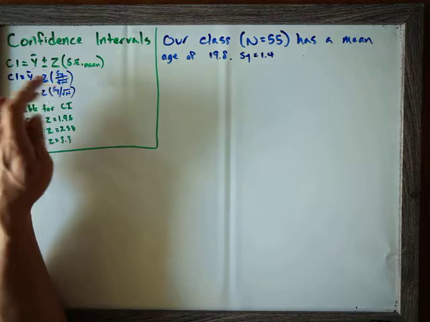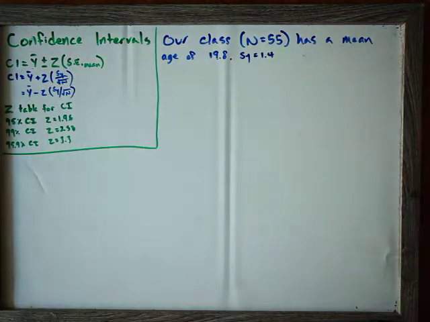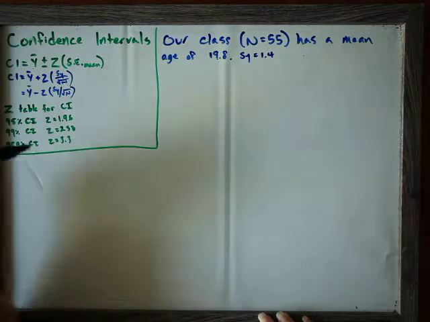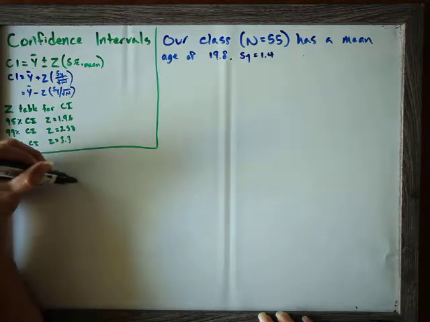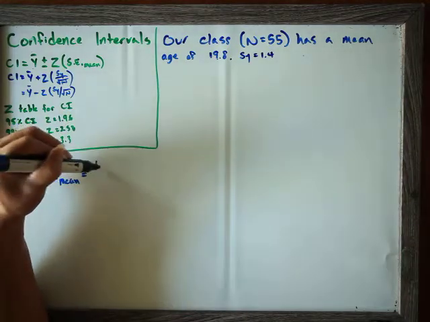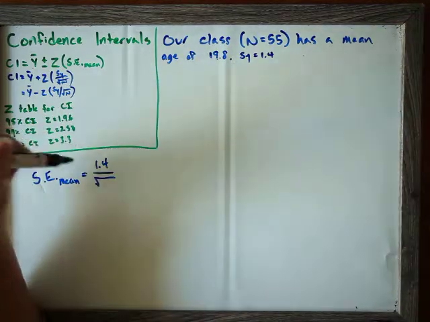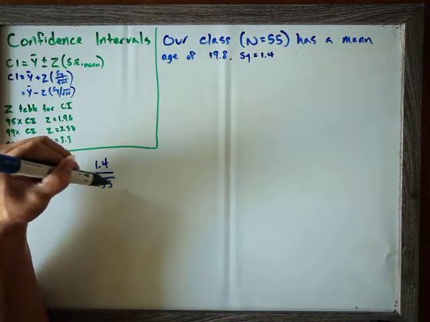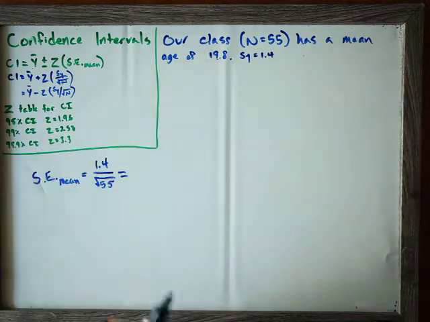So the only thing we actually need to calculate is the standard error of the mean, which is the standard deviation divided by the square root of n. So here we're going to do standard error of the mean equals the standard deviation, 1.4, divided by the square root of our class size, which is 55. Now we're just going to do that math.